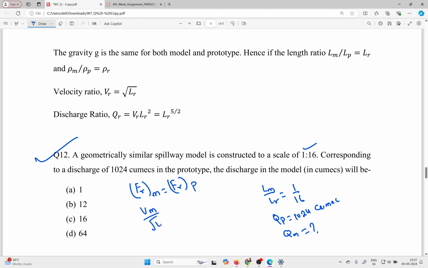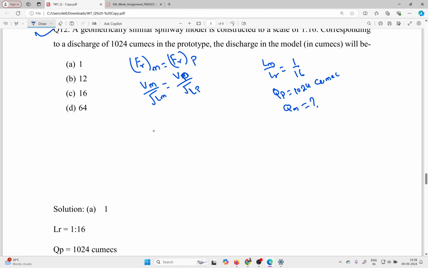Vm by Lm equal to Vp divided by Lp. So here Vm by Vp is equal to Lm by Lp. So that is Vr is equal to root under Lr.